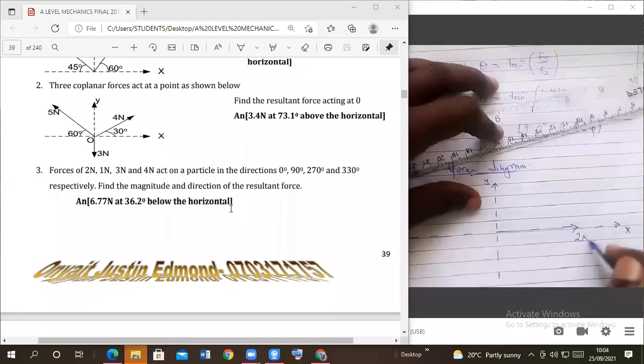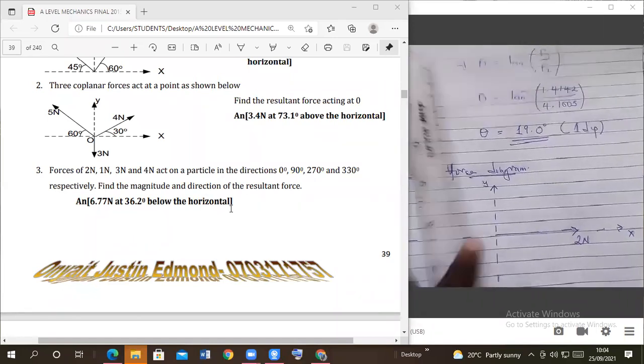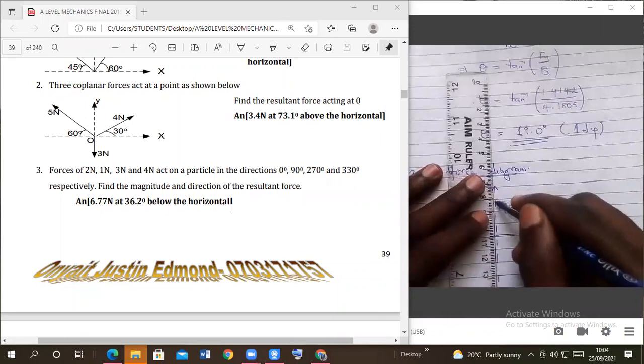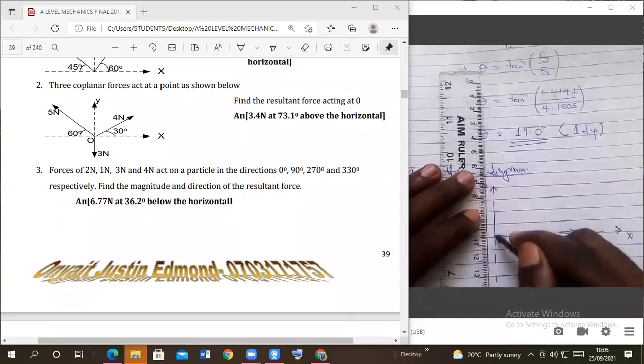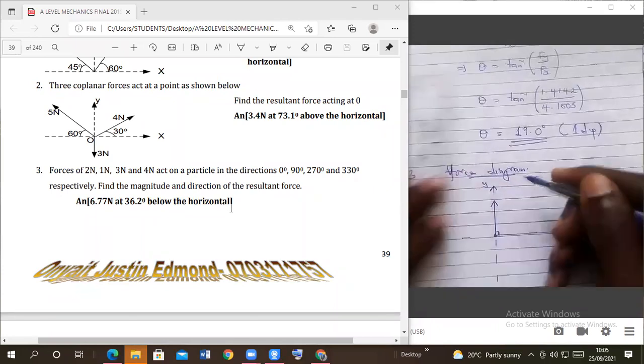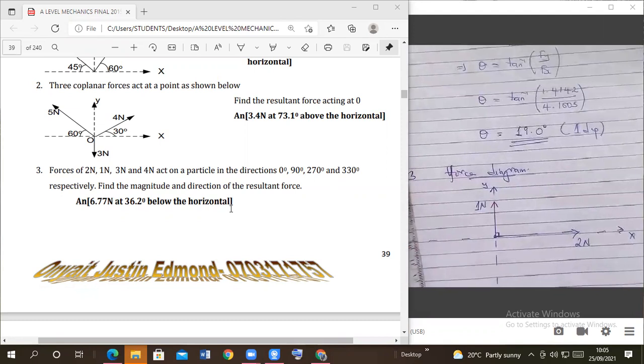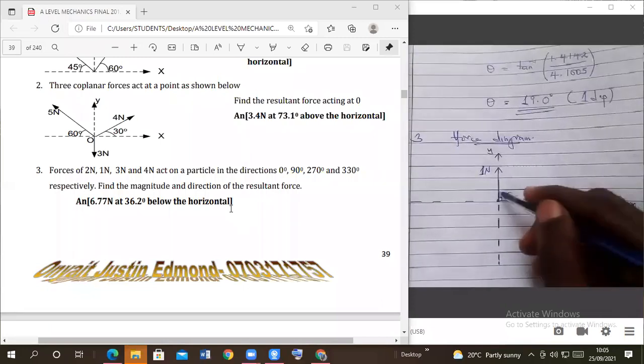Then 1 Newton at 90 degrees, which means it is acting vertically. This angle is 90. So this is 1 Newton. Then 3 Newton is at 270.